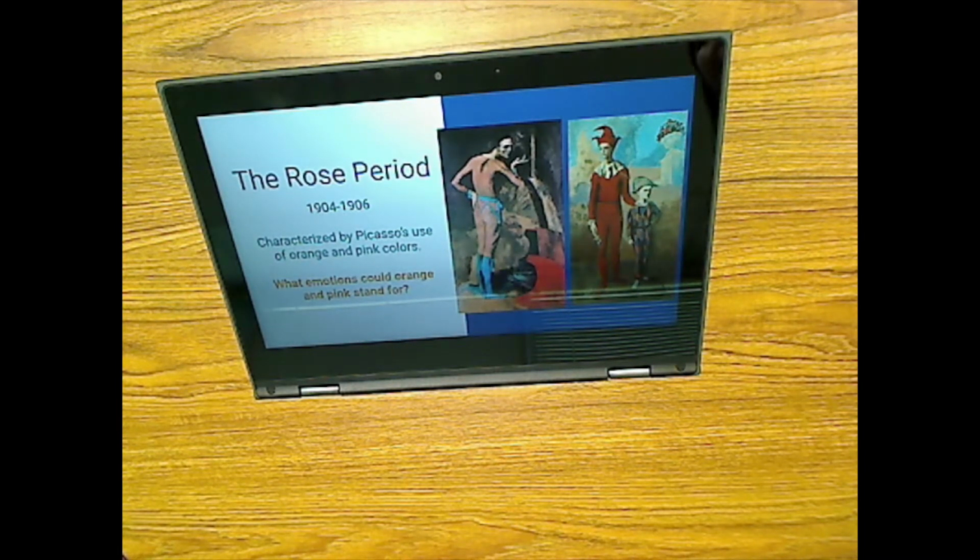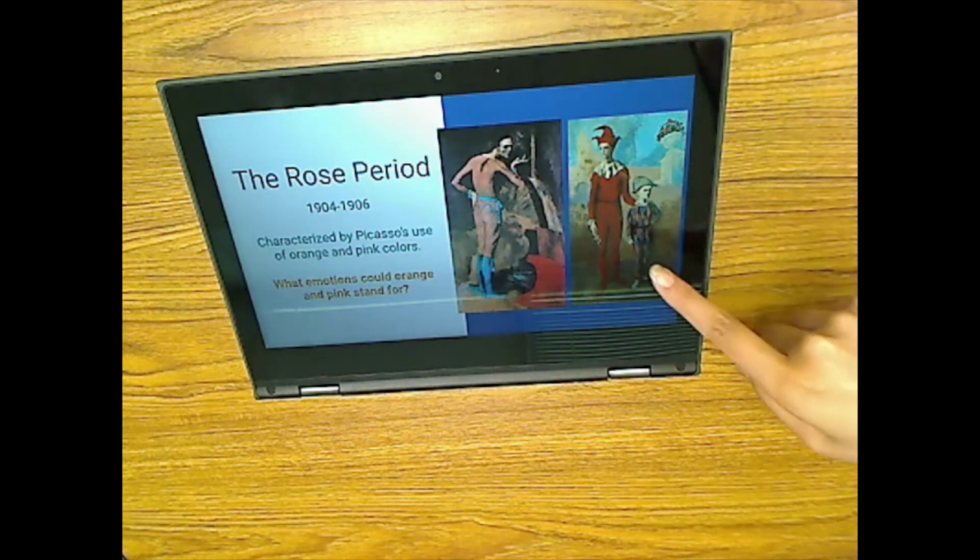During this time, all of his artwork had much brighter colors, mostly characterized by oranges and pinks. So we said that oranges and pinks and reds, those can all stand for what? Happiness, energy, enthusiasm, anything like that.